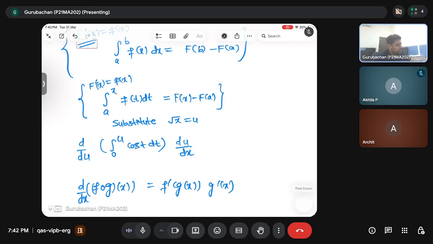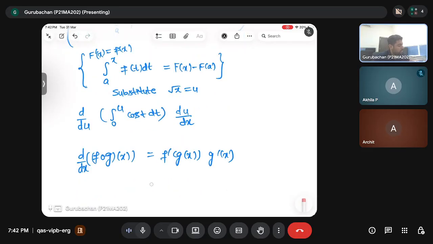So if you write it explicitly, what does this mean? This means that you have to differentiate with respect to g. This is your independent variable. Then you have to differentiate g with respect to x, right? Is it so? Yes, sir. In the same way I wrote like this.